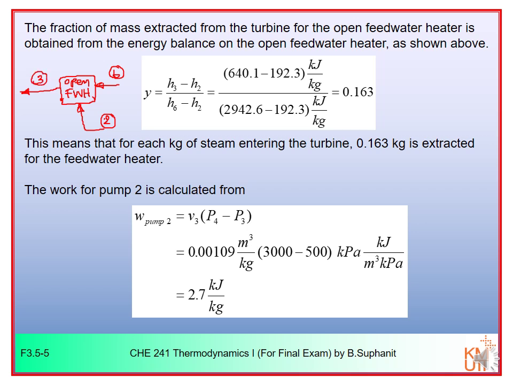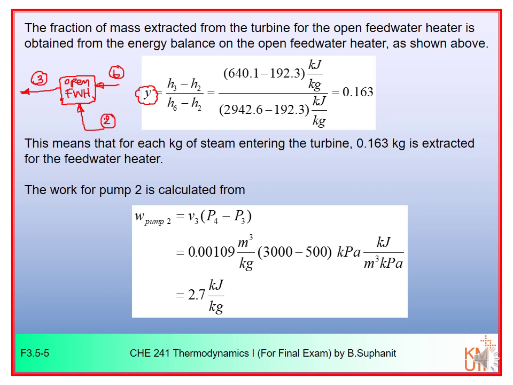So from the mass and energy balance around the open feed water heater, you can calculate the fraction that you need to extract from the turbine. Y here, you can calculate it from H3 minus H2 divided by H6 minus H2. So you know all the enthalpy values.